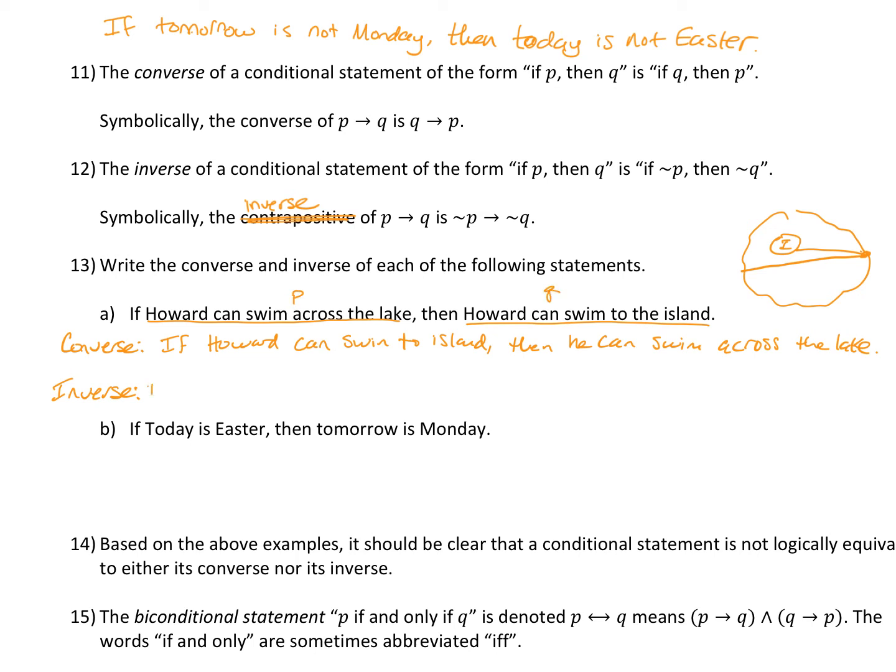So if Howard cannot swim across the lake, then he cannot swim to the island. And that is also not necessarily true. Just because he can't get all the way across doesn't mean he can't get to the island, because the island is shorter. So you can see the converse and the inverse do not seem to be logically equivalent to the original statement in the way that the contrapositive is.